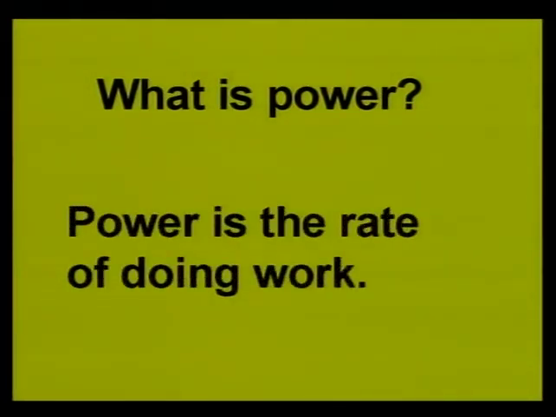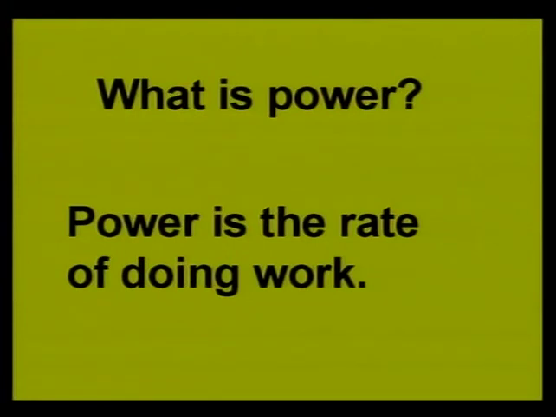Or we can simply say power is the rate of doing work. When work is done, you have rate. So the rate at which this work is done is known as power. When we are talking about rate, we simply mean the time that is taken for the work to be done. So power is simply the rate of doing work.